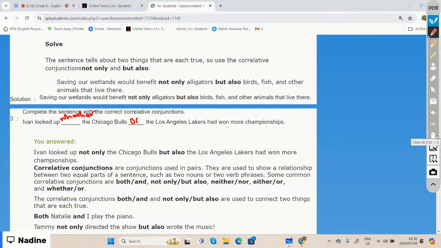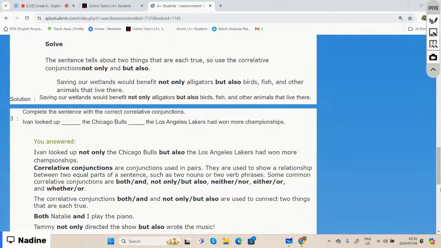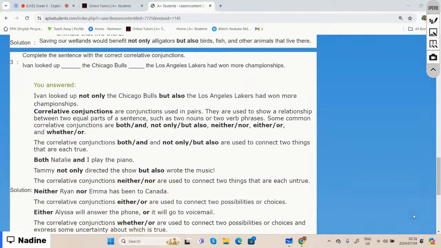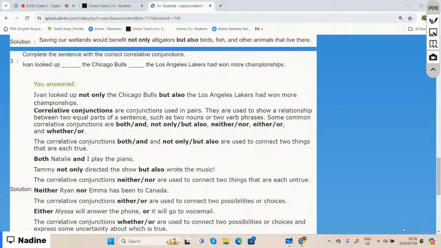All right, so this is basically the words that we can use: whether or, not only but also, neither nor. Once again, we have words like not only but also, neither nor, either or, whether or, right?